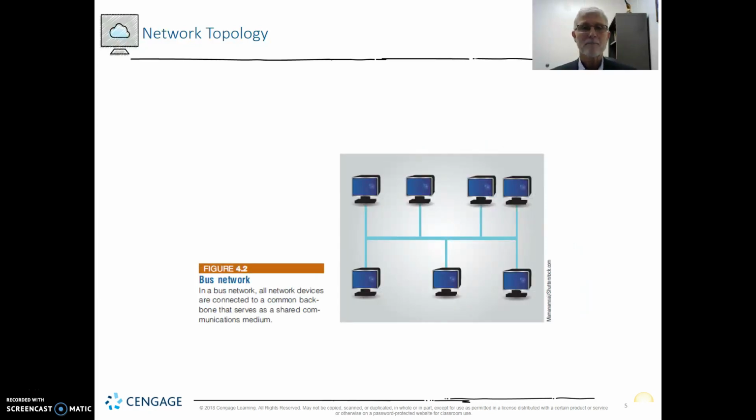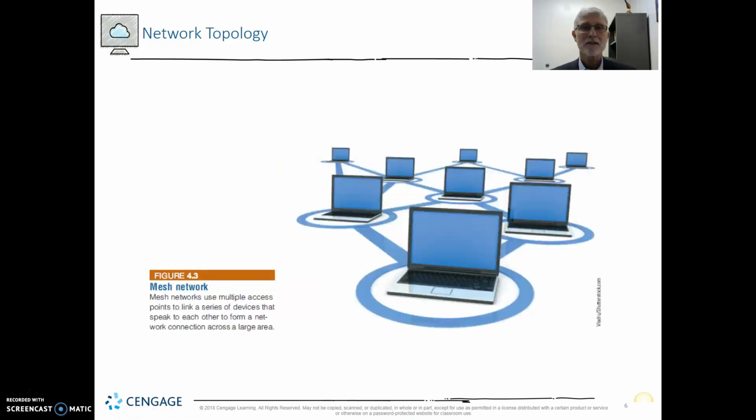The next one is a bus network, and basically everything connects through one common cable. Of course, what happens here? If this cable breaks here, these two pieces can probably talk, but they can't communicate with the rest. So it has a potential failure if that major cable breaks.